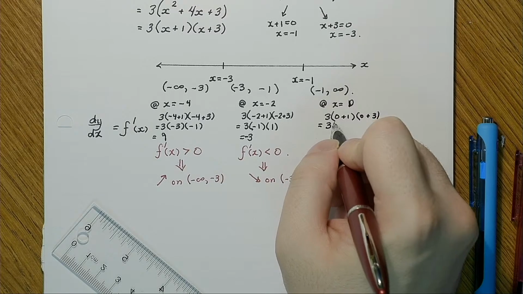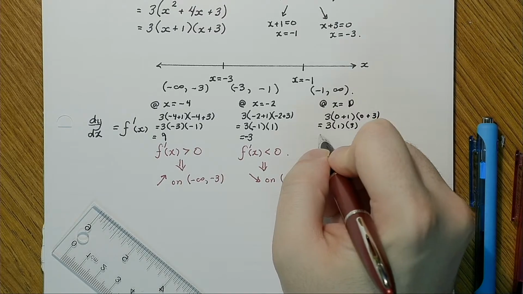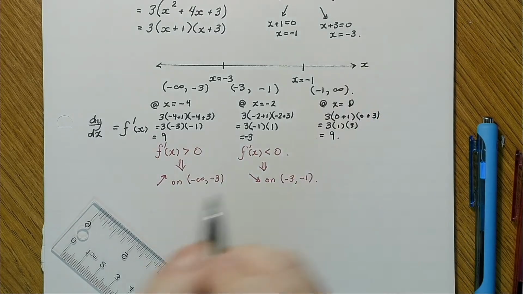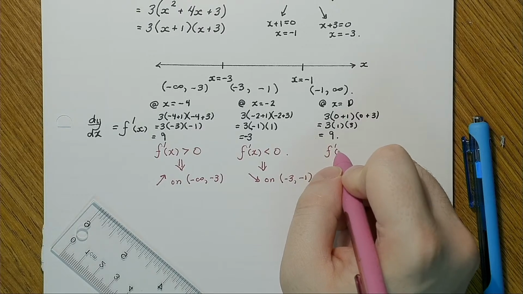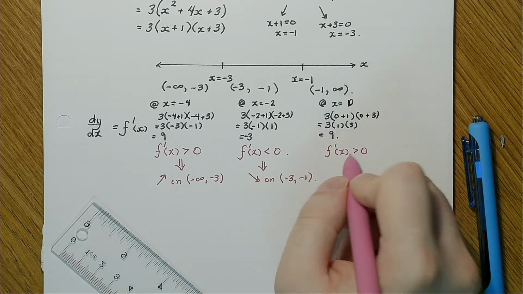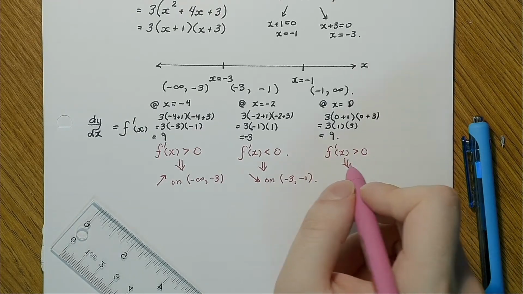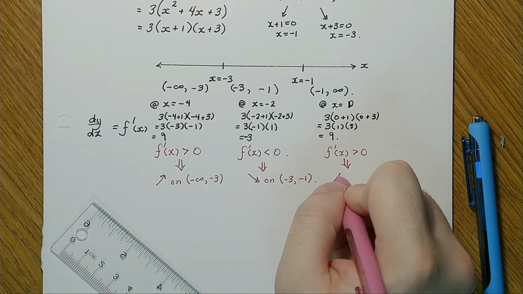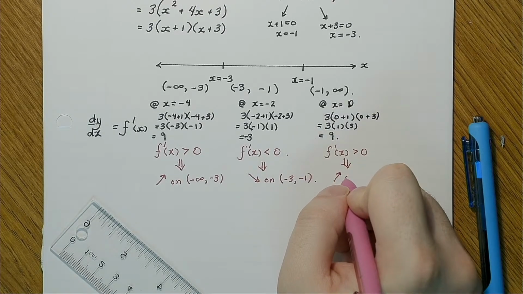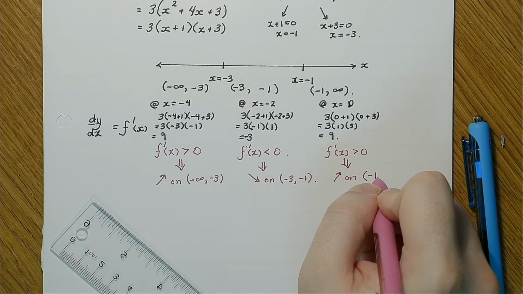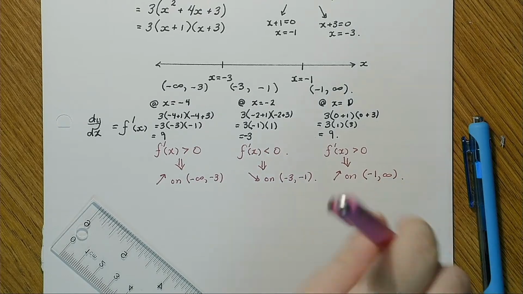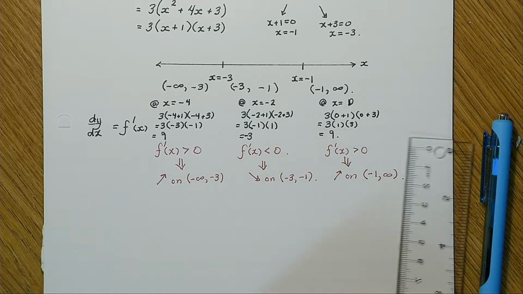So that gives me 3 times 1 times 3. So 9. So that is positive. So that's increasing on minus 1 to infinity.